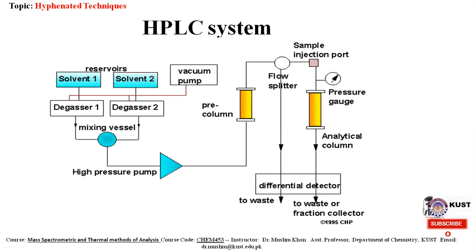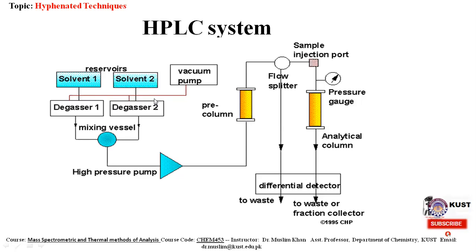Here is the flow chart of an HPLC system. An HPLC system has a solvent reservoir system, which has either 2 or 4 solvent system. Solvent from this solvent system goes into the mixing vial, but before mixing these solvents with each other, it must be degassed by a degasser.